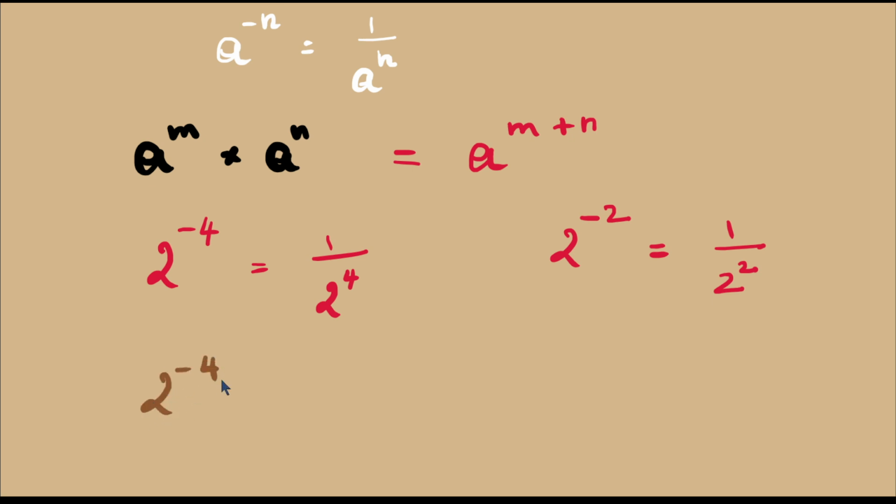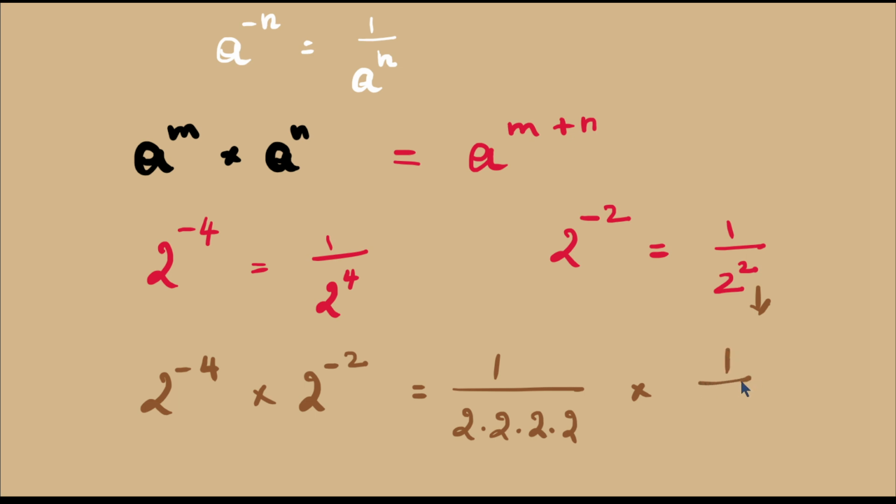2 raised to the power minus 4 multiplied by 2 raised to the power minus 2. What does this give me? As I said before, 2 raised to the power minus 4 is 1 by 2 to the power 4, isn't it? So I can write it as 1 by 2 repeatedly multiplied 4 times in the denominator, multiplied by 1 by 2 multiplied twice, which is equal to 1 by 2 multiplied 6 times, isn't it? 4 plus 2, 6 times.